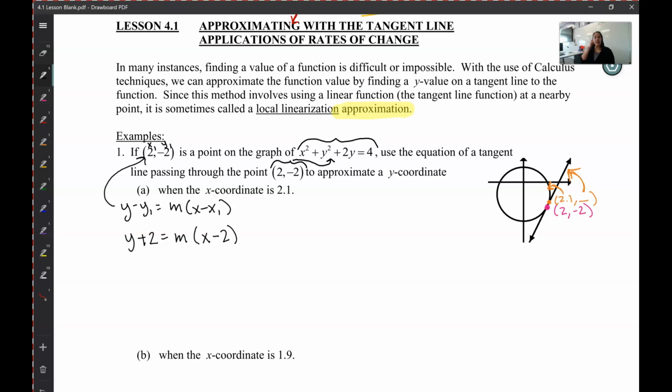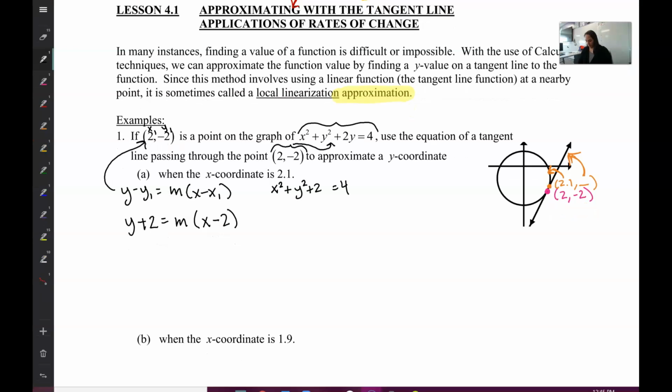So now I need to find m. Remember, m is the slope of the tangent line, aka the derivative. So what I'm going to do is use this equation that I have right here to find my derivative and plug in my point. So this is going to be an implicit differentiation.